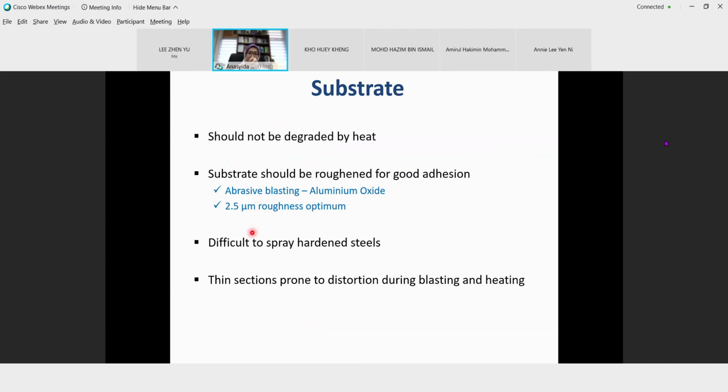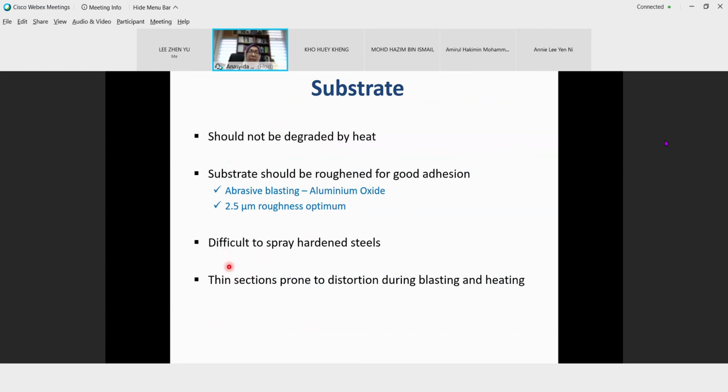So you can use abrasive blasting. This is the minimum roughness, around 2.5. Spray hardened steel, this type of material is difficult to spray because of the structure.